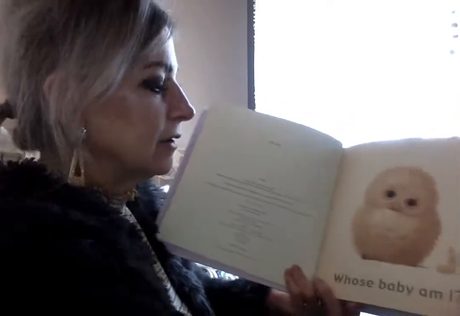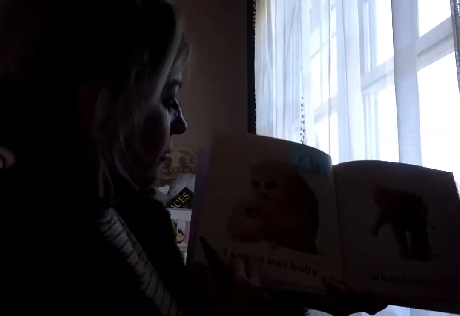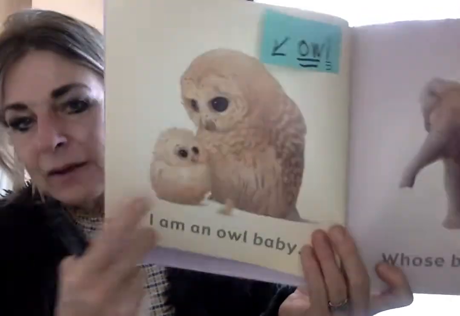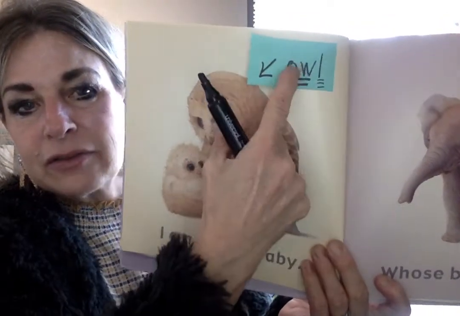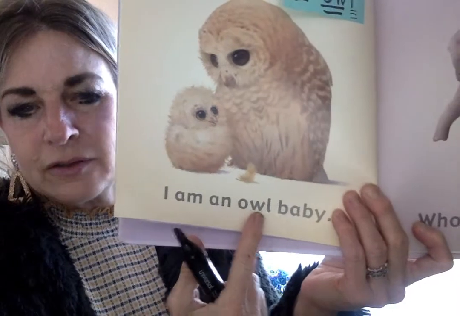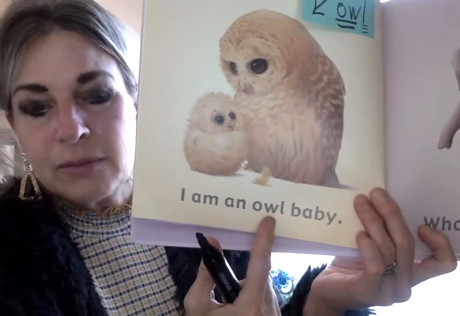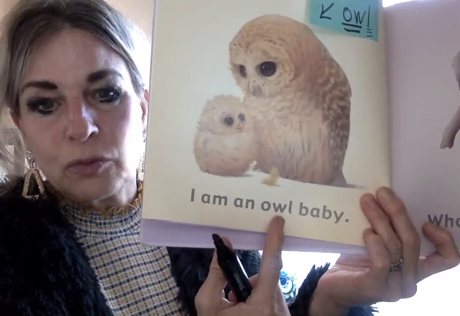You need to know the language. First letter, last letter, beginning letter, ending letter. Okay? So, if I look right here, this is an animal that matches this word right here and this word in the print. Remember, pictures can match words.